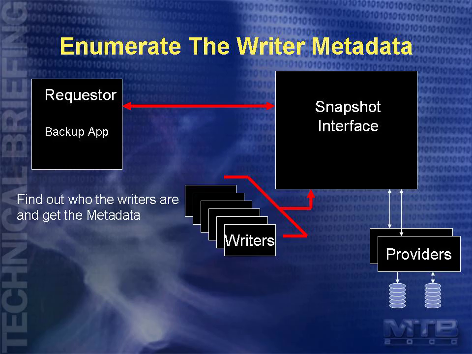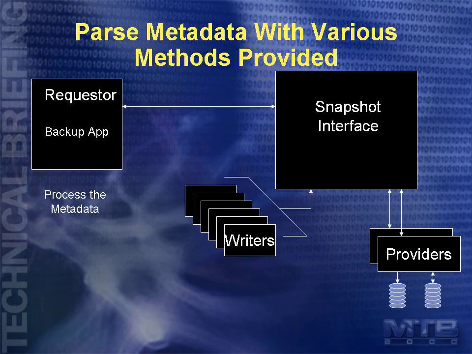He takes a look at those, and the writers provide metadata. It's an XML document generated by the writers that the backup application can look at. At a very high level, it tells it where the data is being stored on the disk, where the components are, where the files are, which files are to be included in this backup, and which files are not.